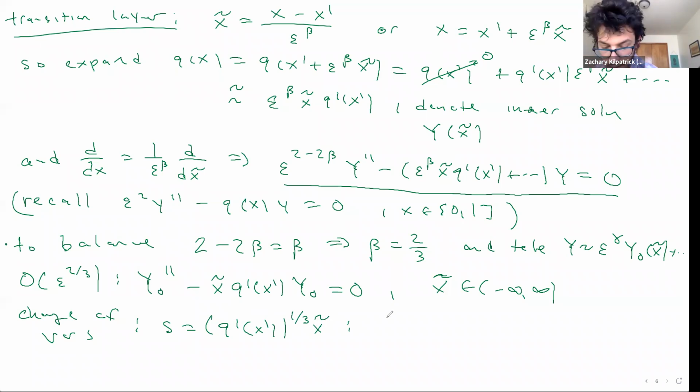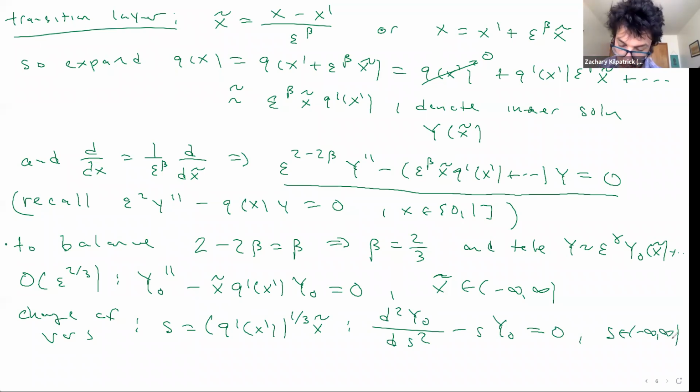I end up with d2 y0 over ds squared minus s y0 is equal to 0 on the real line still. And this ends up being Airy's equation. Now we can solve Airy's equation in a number of ways. Let me just walk through that, and then we'll get some asymptotic expansion for Airy's equation.